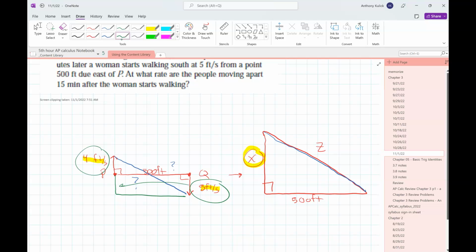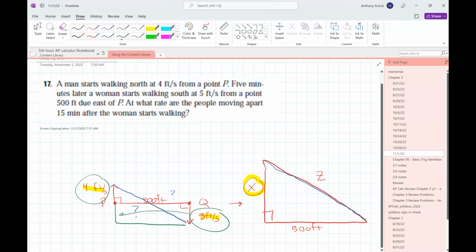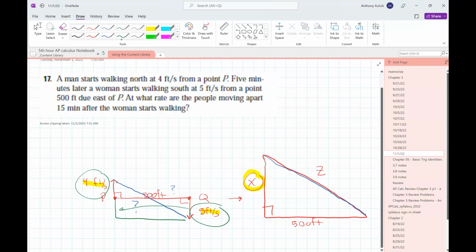Do you kind of see that? The way to visualize what's going on here? Right, and then say after 1 second, but then say she starts walking after 5 minutes. Oh, sure. Okay. Interesting. I missed that piece.